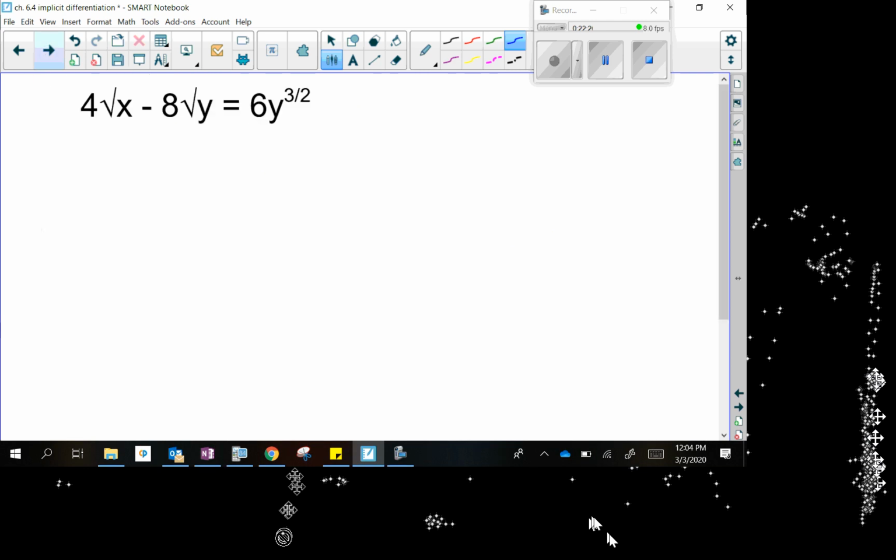All right. Let's get things a little bit more complicated with fractional exponents, okay? All right, so first let's rewrite this. So we get 4x to the 1/2 minus 8y to the 1/2 equals 6y to the 3/2.